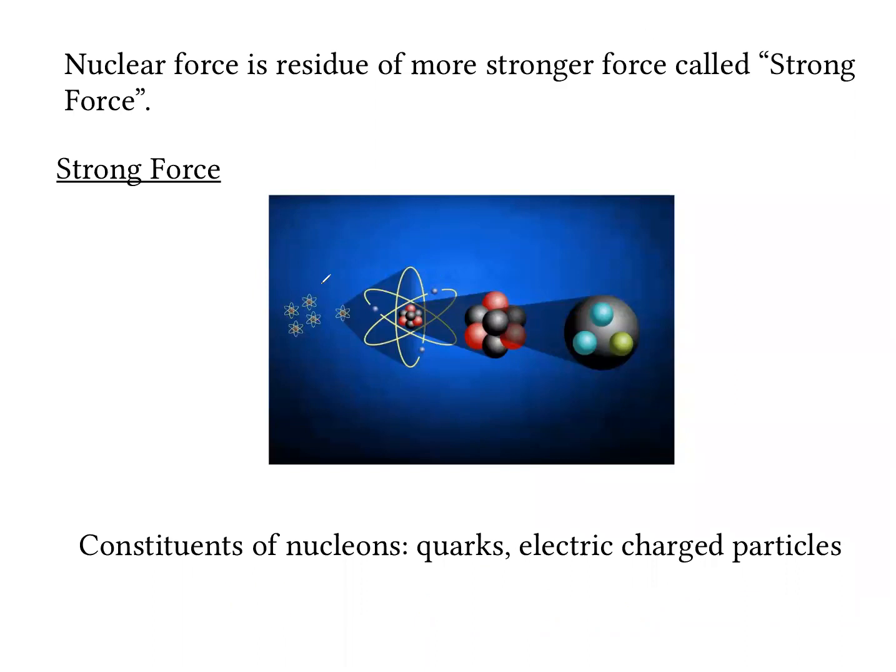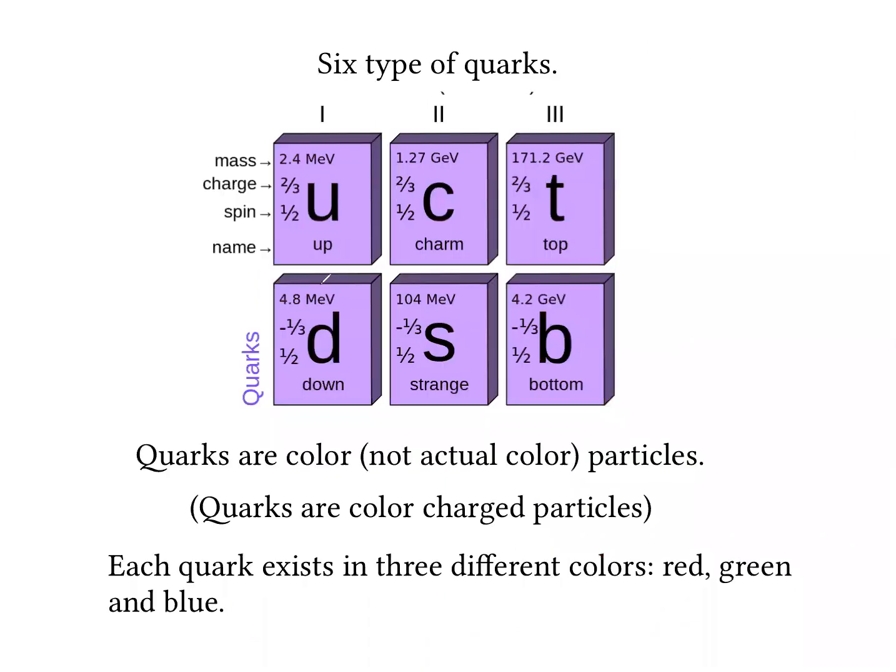So nucleons have some internal structure, and that is called quarks. Quarks come in six kinds, and they were discovered at three different time periods, called first generation, second generation, third generation. So up and down are the first generation, charm and strange, and top and bottom. These names are strange, but they are just names, nothing to do with up, down, or top, bottom.